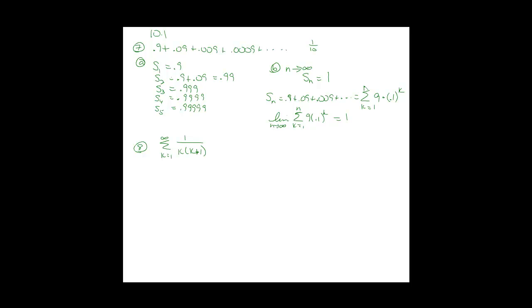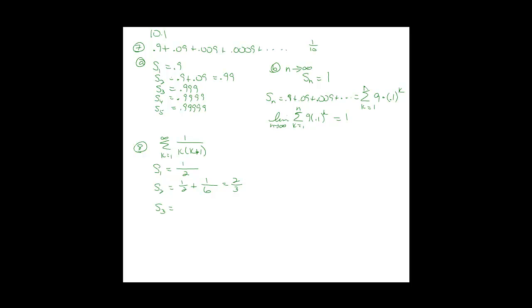Okay, so the sum of the first 1 term would be 1 over 1 plus 1 times 2 is 2. The sum of the first 2 terms would be 1/2 plus, now I stick a 2 in there and I get 1 over 2 times 3, which is 6. If I add that together, I get 2/3.